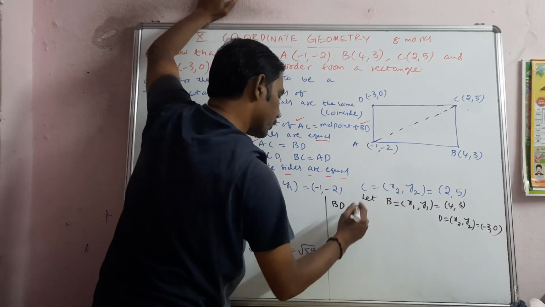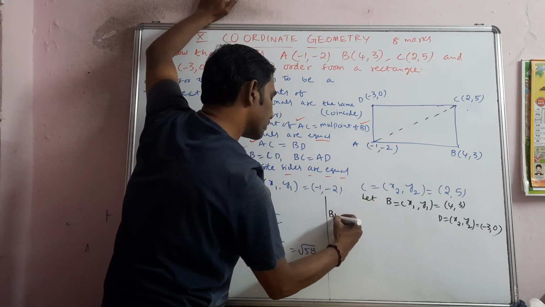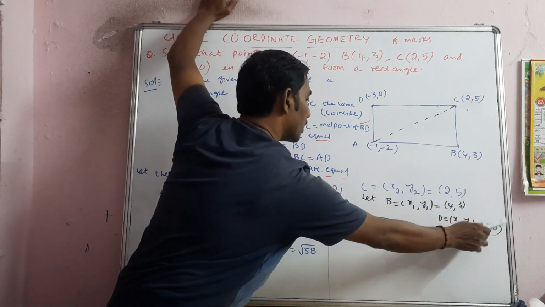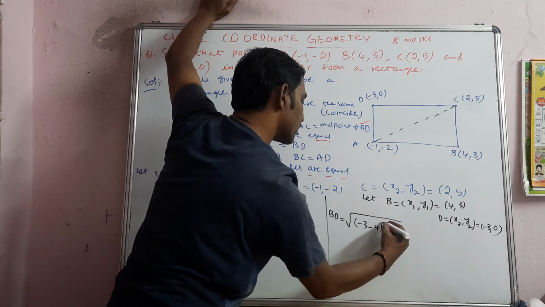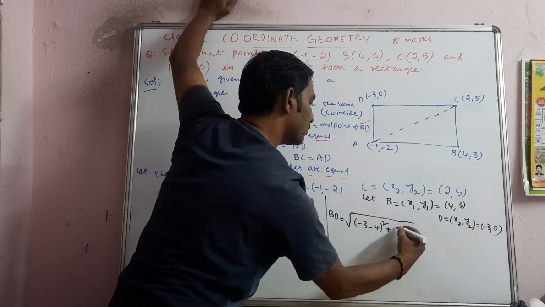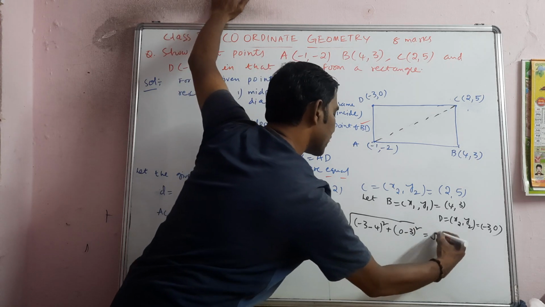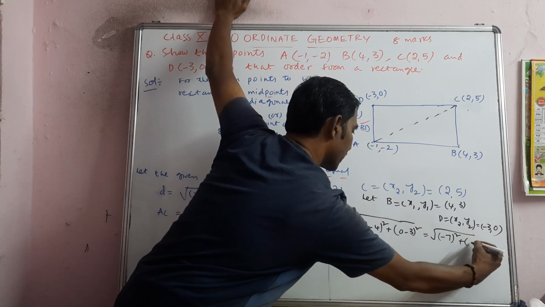Now if you use the distance formula, you will get BD is equal to under root of x2 minus x1, which means -3 minus 4 whole square plus y2 minus y1, which means 0 minus 3 whole square. So you will get -3 minus 4 is -7 whole square plus -3 whole square.